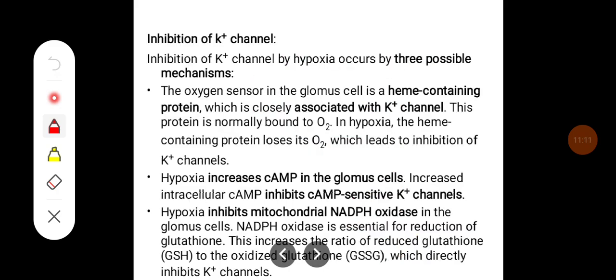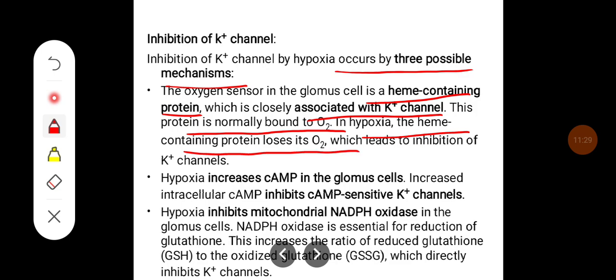The inhibition of potassium channel by hypoxia occurs by three possible mechanisms, as we discussed. The oxygen sensor in the glomus cell is a heme containing protein which is closely associated with the potassium channel. This protein is normally bound to oxygen. In hypoxia, the heme containing protein loses its O2, which leads to inhibition of potassium channels.